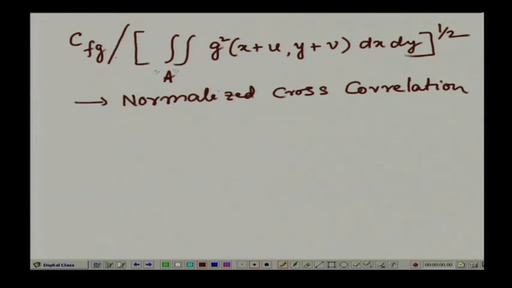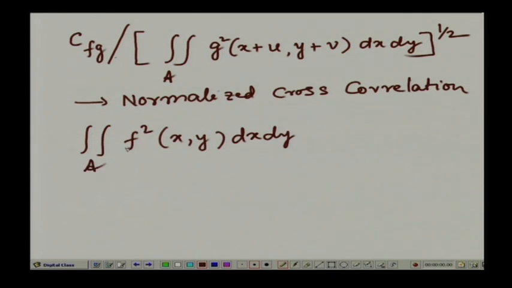Once we consider this normalized cross correlation, you find that it will take its maximum possible value, which is given by the square root of the double integral of f square (x,y) dx dy over the region A. Because this is fixed, the region of integration is not very important.